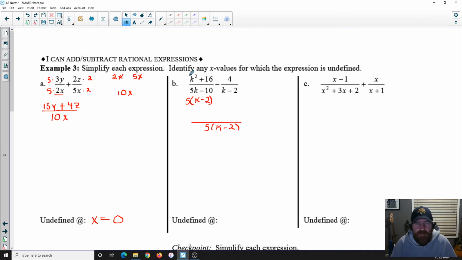So we can just write this up here. And we cannot factor this, so we're just going to write it: k squared plus 16. Now this fraction, we have to multiply by 5 to get it to match down here. So 4 times 5 is 20, and we are subtracting fractions, so that's going to be a negative 20.